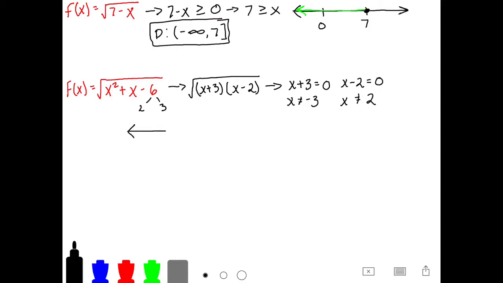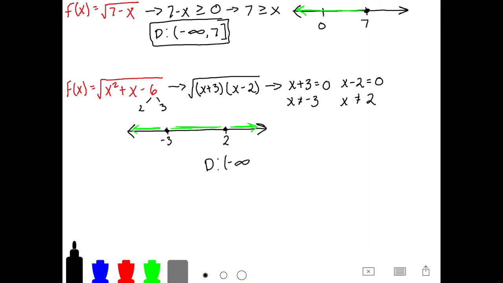And then we draw our number line, labeling negative 3 and 2 on the number line with a closed circle. And then each of the spaces, I'm going to draw a green line because that indicates that you can have a number that is less than negative 3, between negative 3 and 2, or greater than 2.